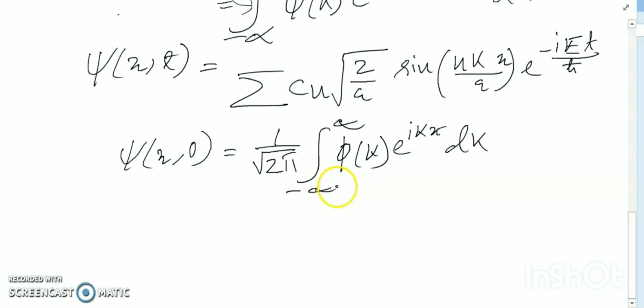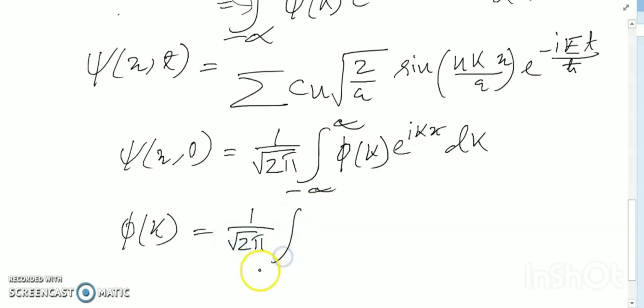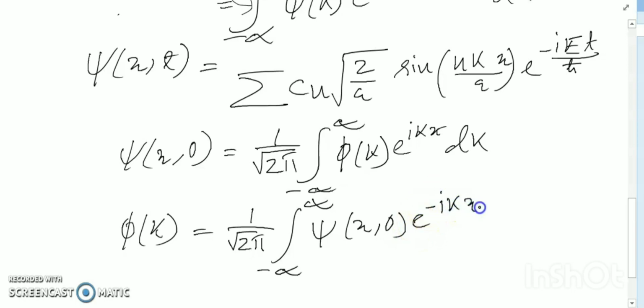So I apply the Fourier inverse formula. I get phi k equals 1 by root over 2 pi times the integral from minus infinity to infinity of psi of x comma 0 e to the power minus ikx dx.